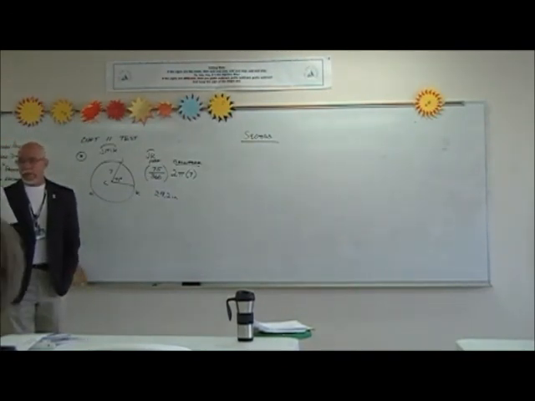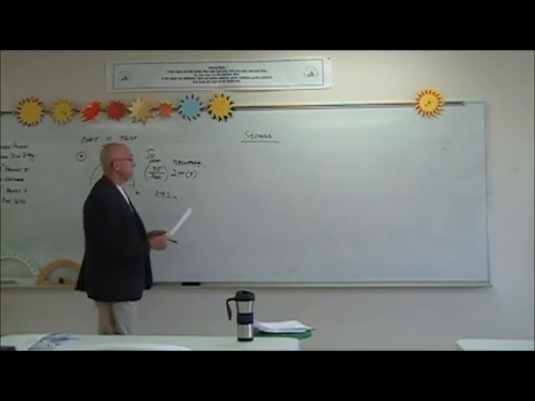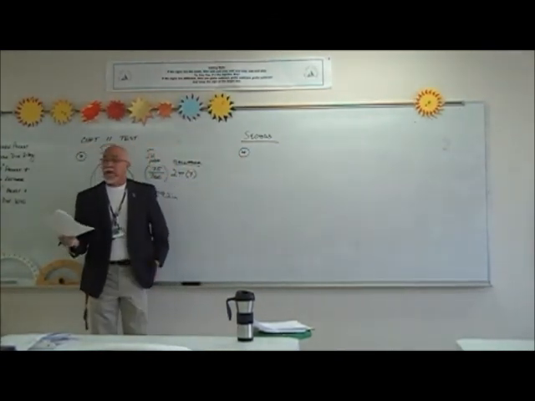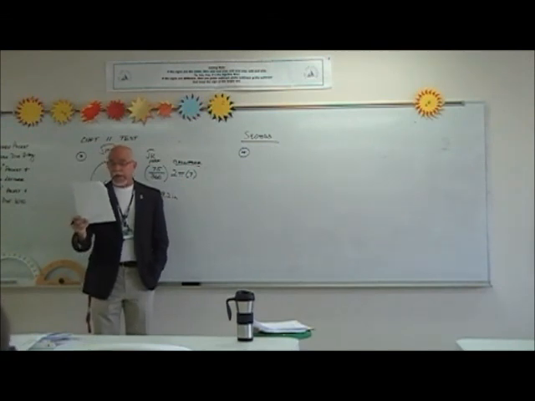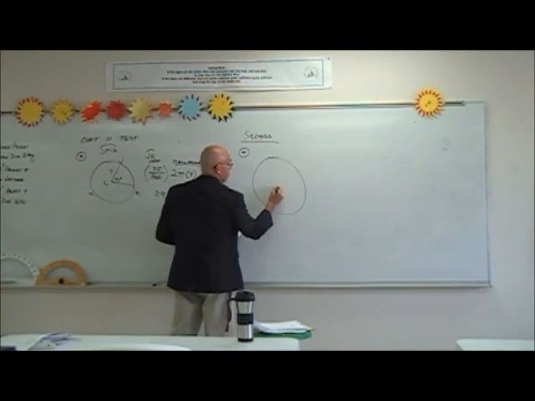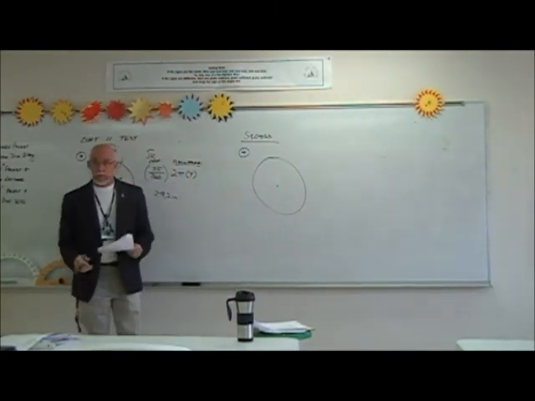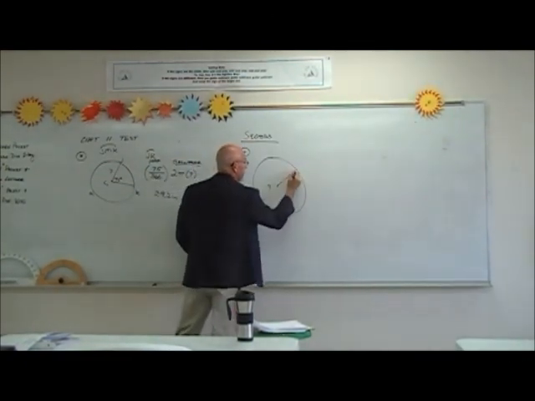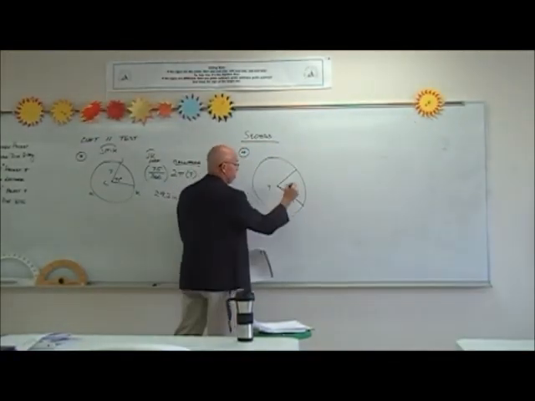So problem number 4 is as good as any. It's asking us to find the area of the shaded region, called the sector. We have a circle drawn on the board, and that center point is T, and we've got something like this that's UV.